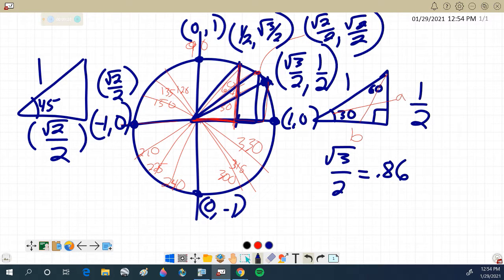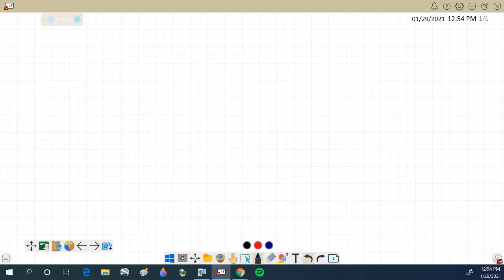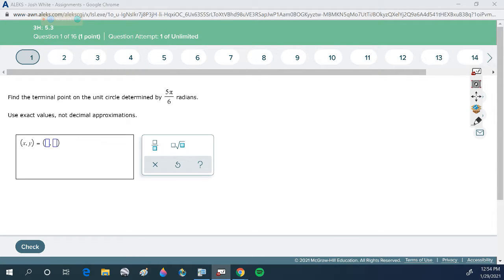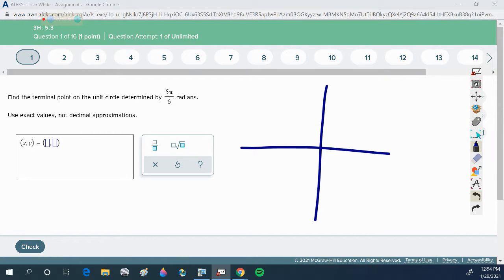So, let's go here. What is the point at 5 pi over 6? Well, where does 5 pi over 6 land? It's in second quadrant. Is it close to the x-axis or close to the y-axis? Closer to the x. So, right here. Okay? Well, it's a unit circle, so this is 1.